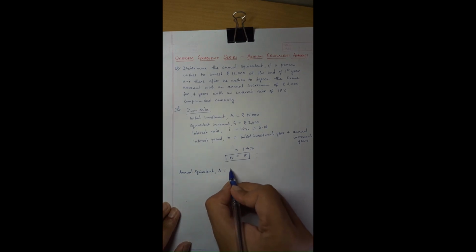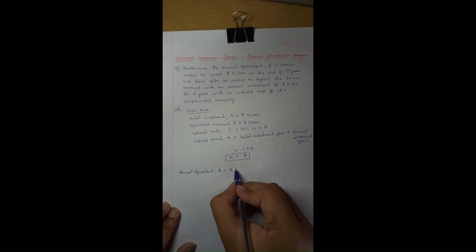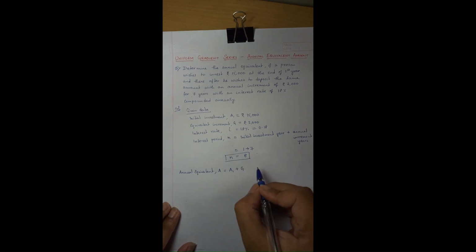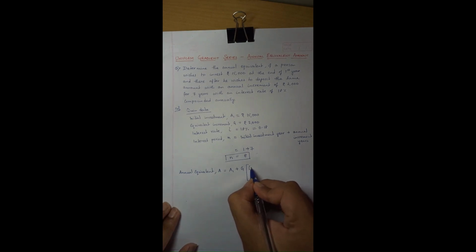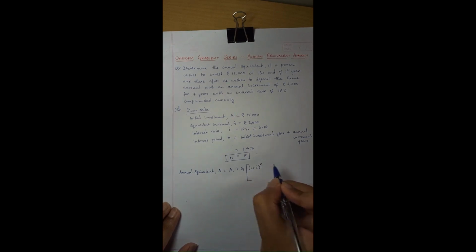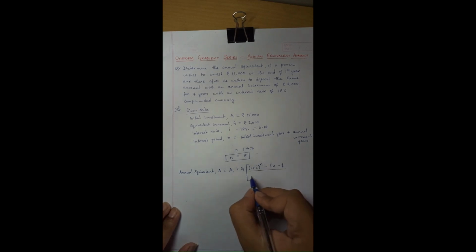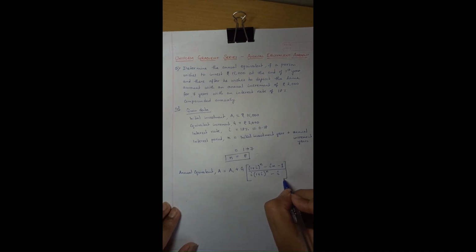It is given by A1, which is the initial investment, plus G, that is the equivalent increment or the annual increment, multiplied by, this is quite a big equation, ((1 plus i) to the power of n minus i n minus 1) whole thing divided by i into (1 plus i) to the power of n minus i. This is quite a big equation to remember, so there is no other option. You are supposed to memorize it.